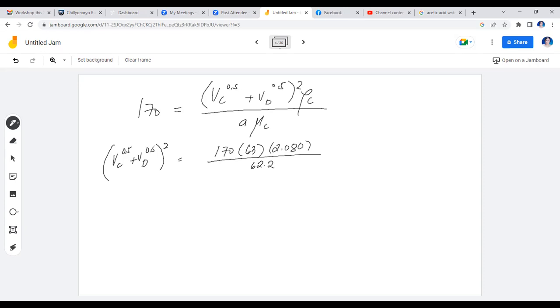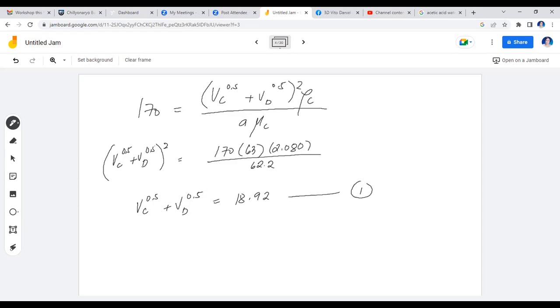If you get the square root of both sides, you will have V sub C raised to 0.5 plus V sub D raised to 0.5 equal to 18.92. So this is your first equation.